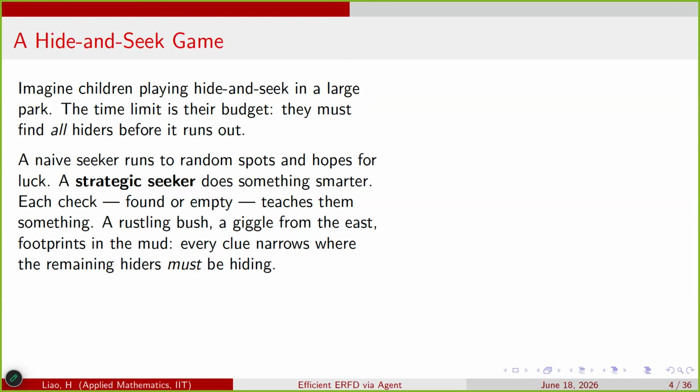We are trying to follow some clues the players left behind, like the pattern of the footprints, or something they leave when they are trying to run somewhere, right? So this kind of information can help us narrow down the area we're going to search.